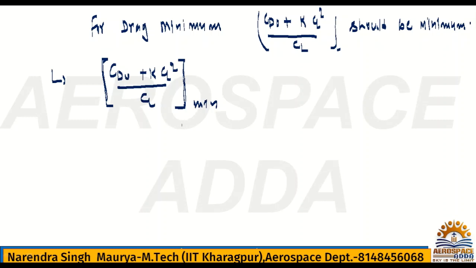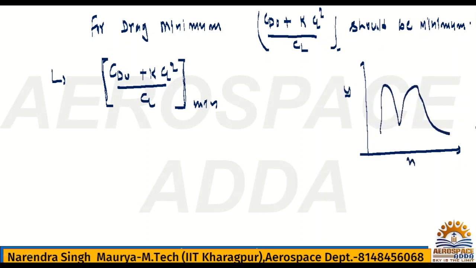So here if you check, suppose this is the function, y axis and this is x axis, and for the function you are getting a plot like this. So if you check, this is the maximum and this is the minimum.